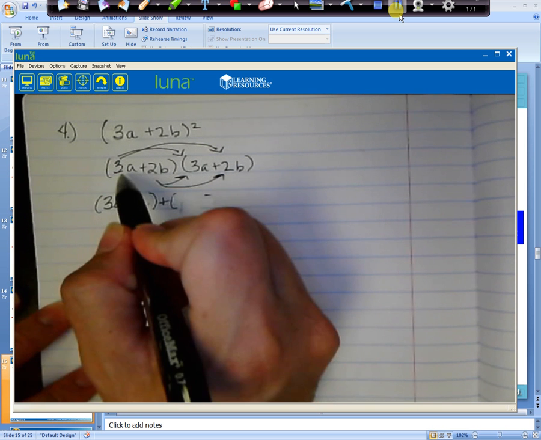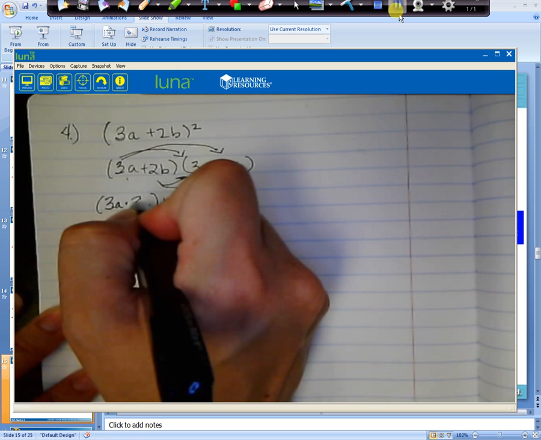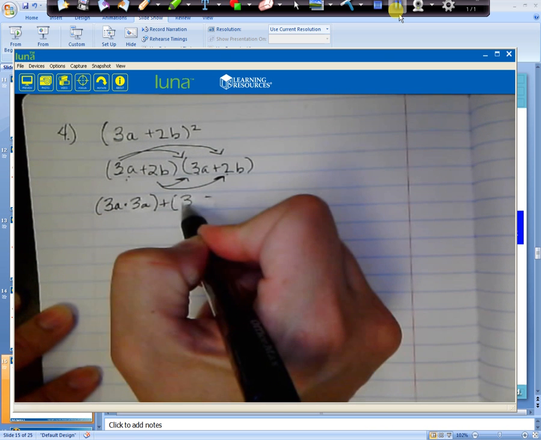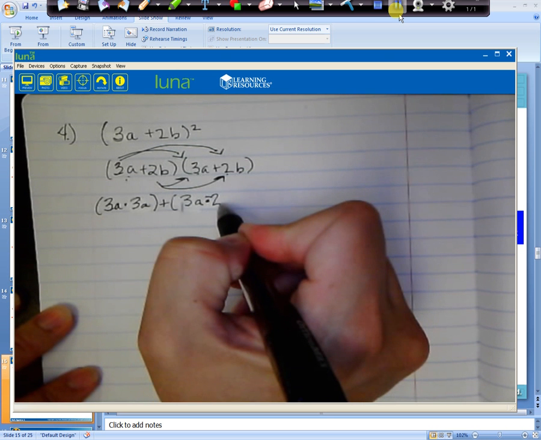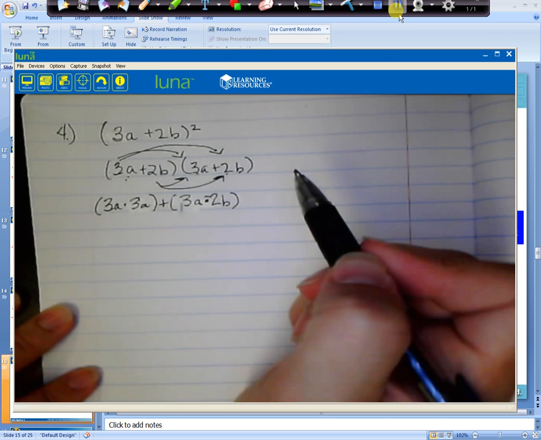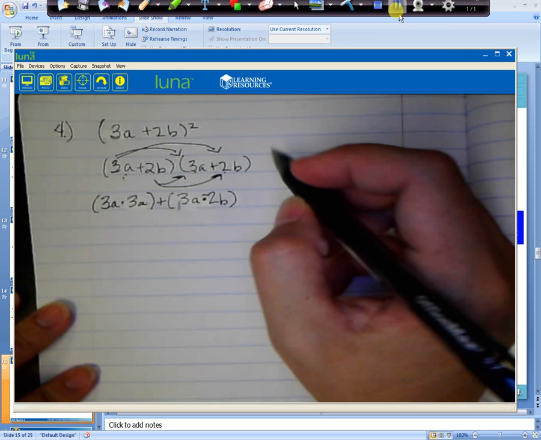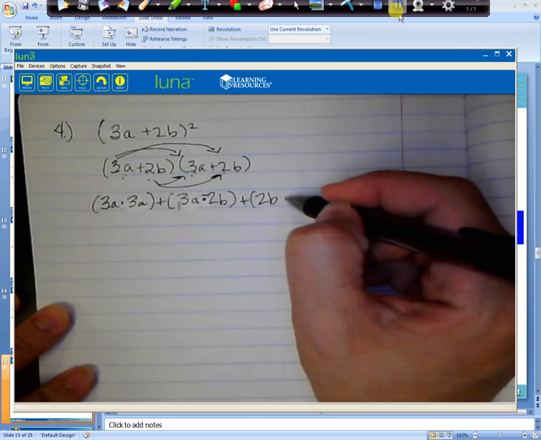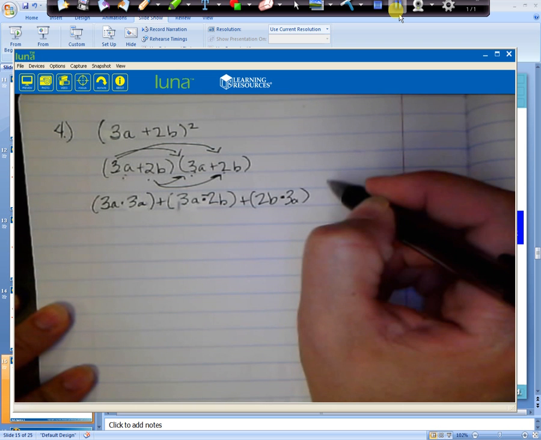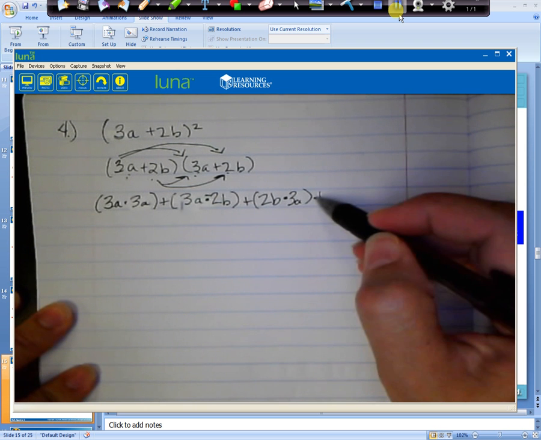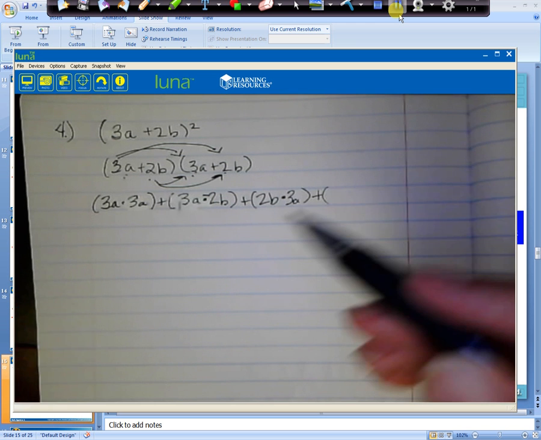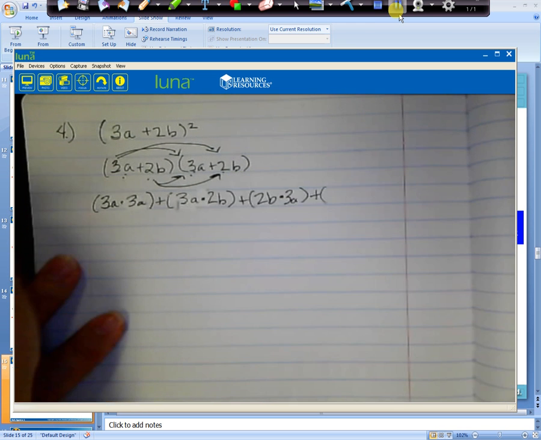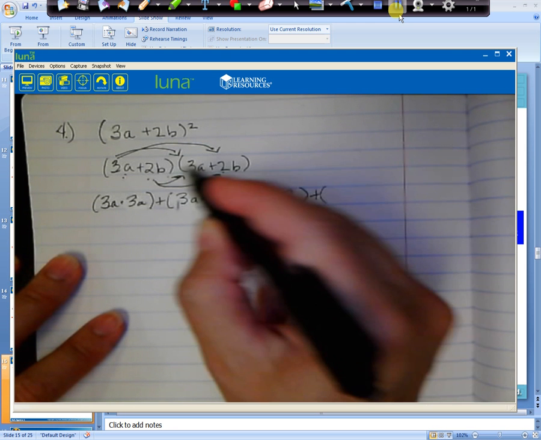So I'm going to say 3a times 3a, 3a times 2b, plus 2b times 3a, plus, I don't want to get confused and think that that's a negative there, 2b times 2b.